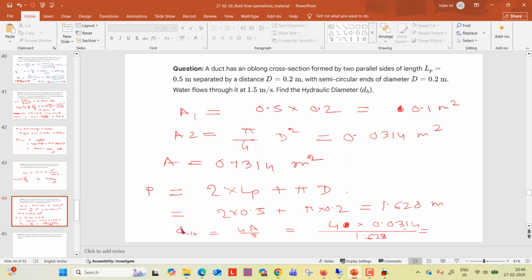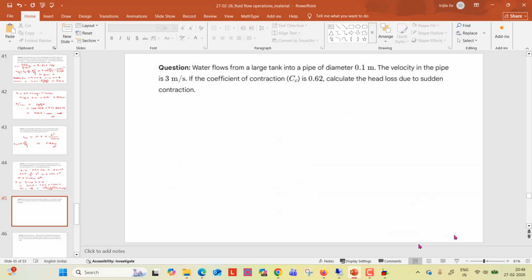So it will be coming as 0.323 meter. Okay, this is your answer. Next.